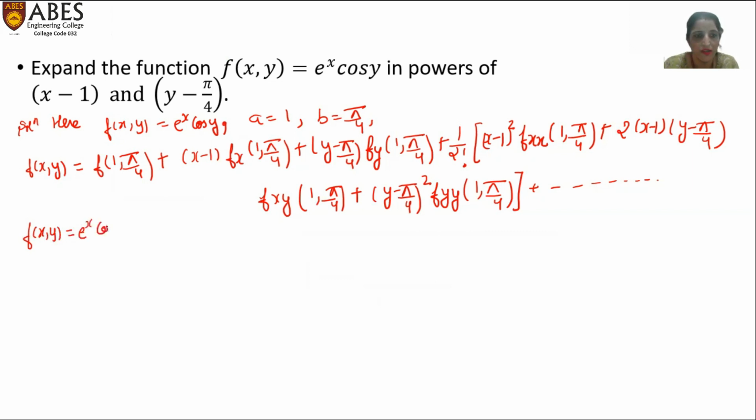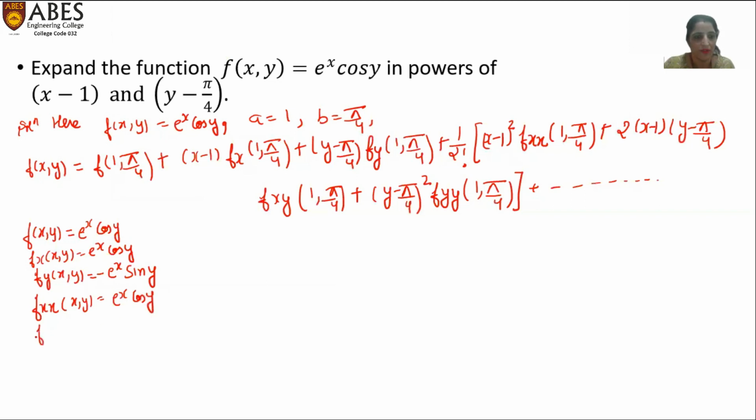The function is e^x cos y; the partial derivative with respect to x is e^x cos y; the partial derivative with respect to y is minus e^x sin y; the double derivative with respect to x is e^x cos y; then the derivative of f_x with respect to y is minus e^x sin y; then the double derivative with respect to y is minus e^x cos y.